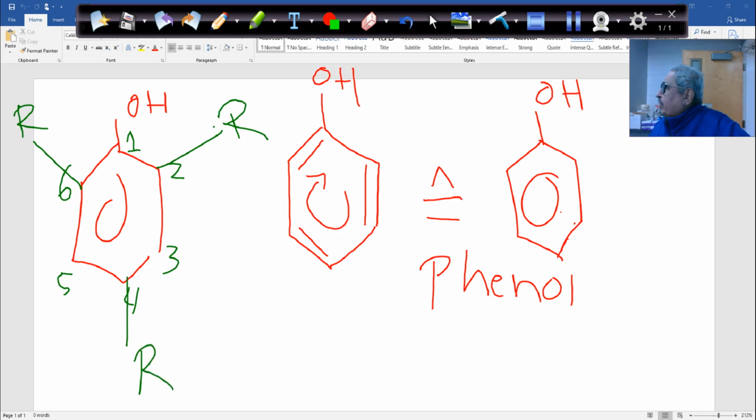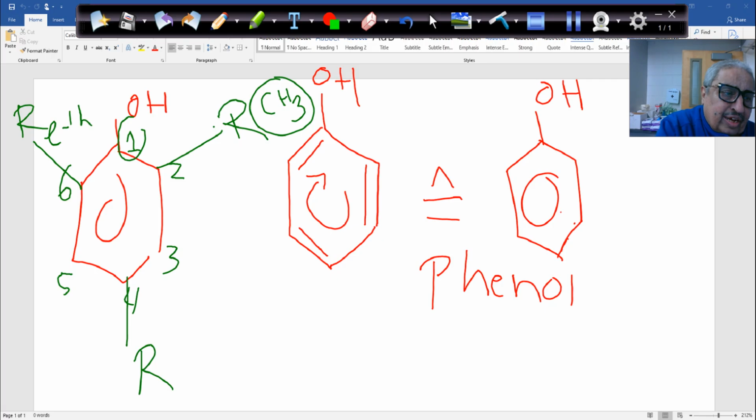So you can always number them. Whatever R is, that's your number 1, and it goes by the alphabet of the alkyl group. Correct? So if this R is a methyl group, and this is an ethyl group.